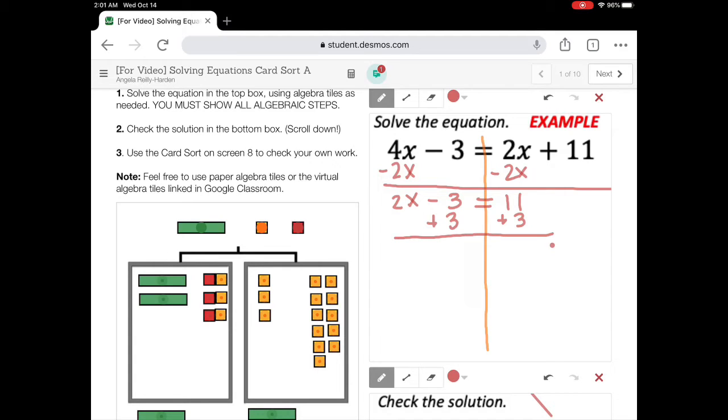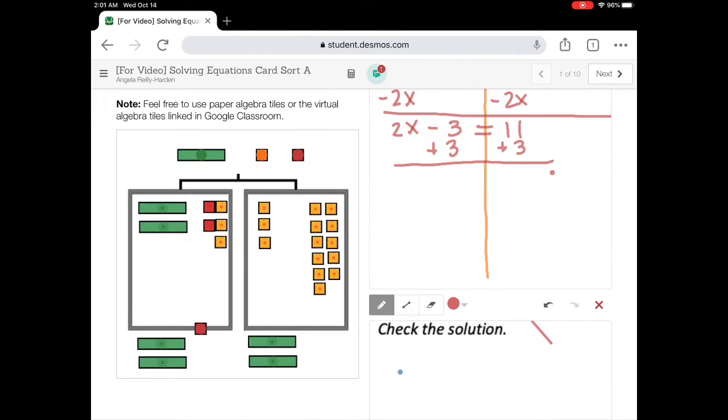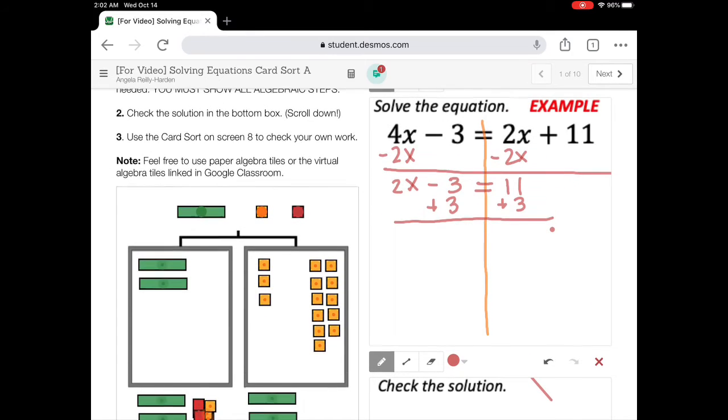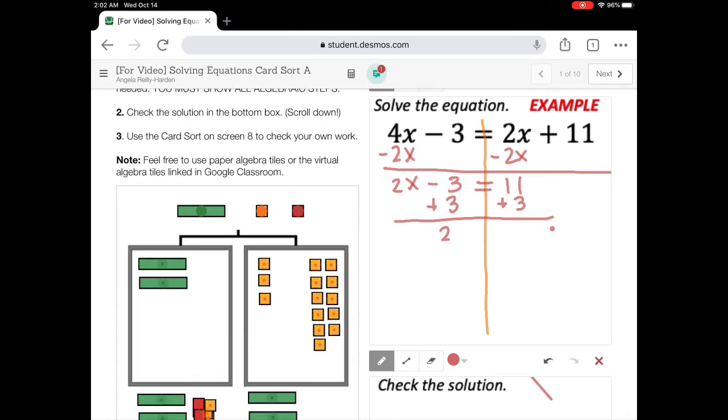Okay, my new equation. Let's get these zeros off of our board. Okay, so pull off all of our zeros to simplify. My new equation is 2x equals 14. 11 plus 3 is 14.